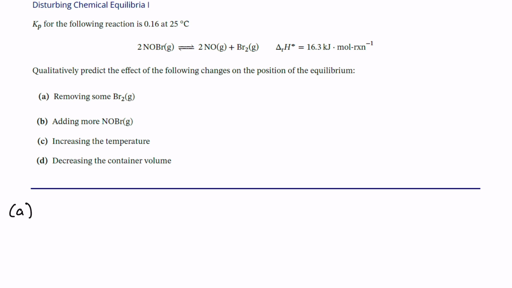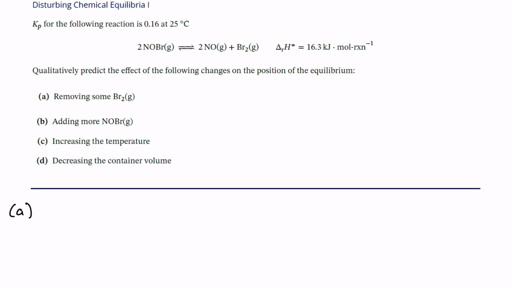So if the disturbance was to remove Br2, the system would want to increase the Br2 concentration again. And the only way that the system can increase the Br2 concentration is by favoring the forward reaction, and hence by reducing the reactant concentration and hence increasing the product concentration. And that means our equilibrium shifts to the right.